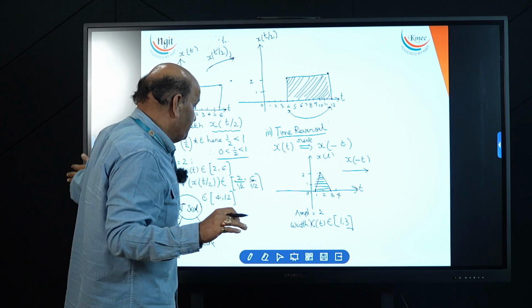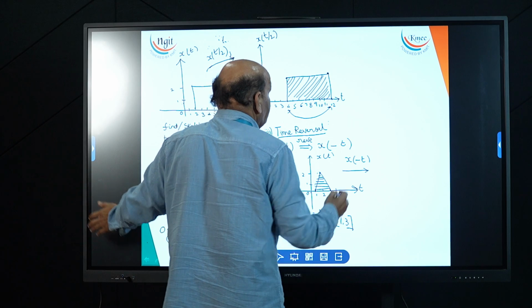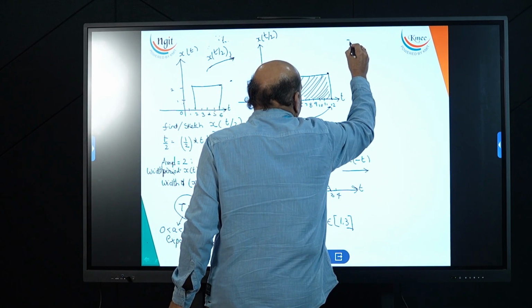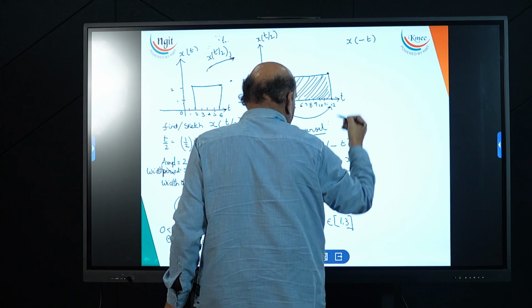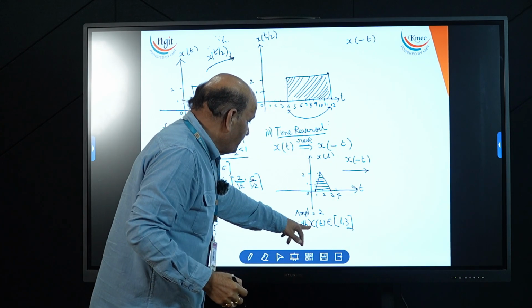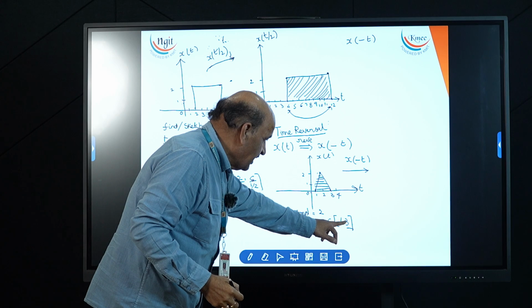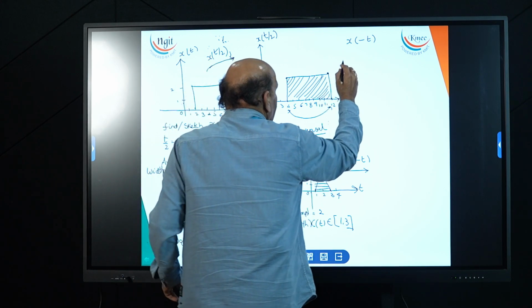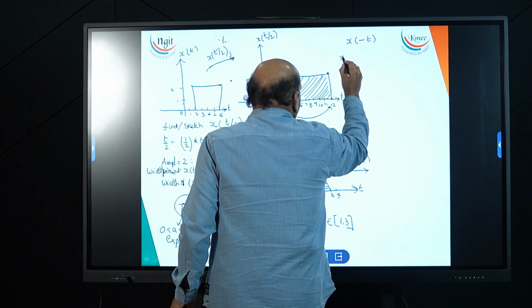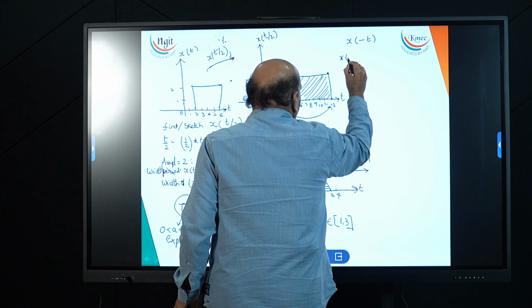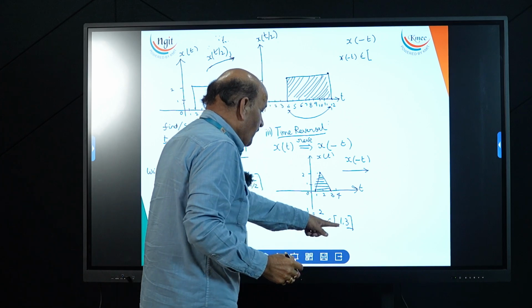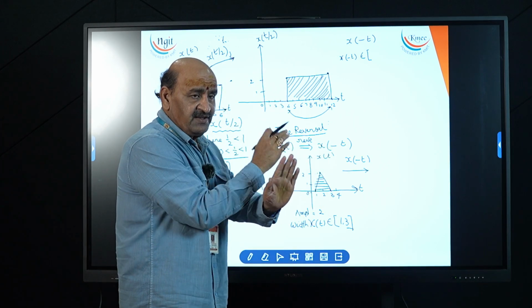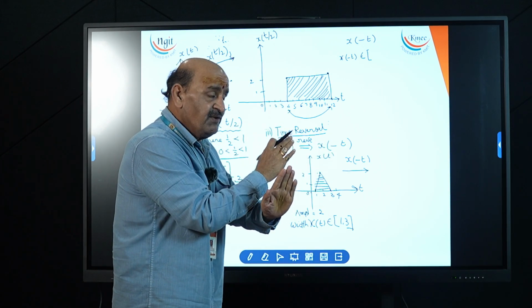Amplitude never changes. Now for this purpose, what graph do we need? We need the graph of x of minus t. Just look at 1, 3. So x of minus t belongs to, reverse the width, 1, 3, it will become 3, 1.